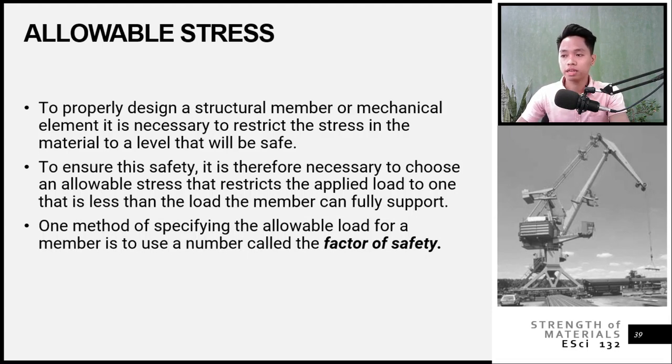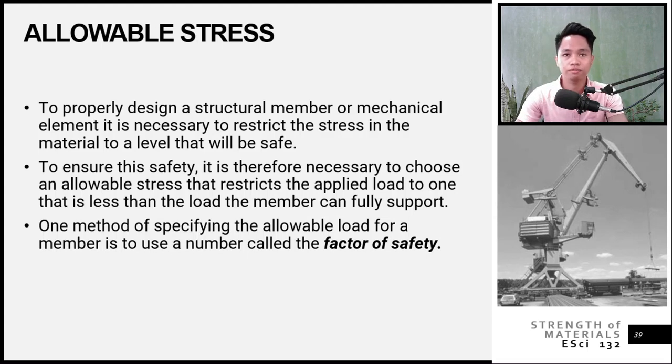One method of specifying the allowable load for a member is to use a number called the factor of safety. There are many reasons we need to provide a factor of safety. One is inappropriate loading as per design.